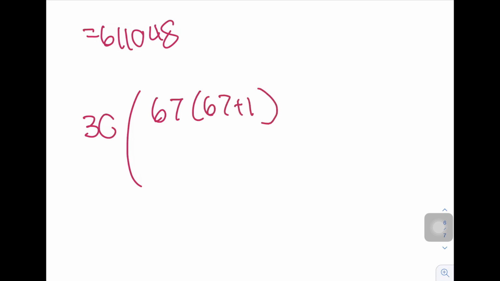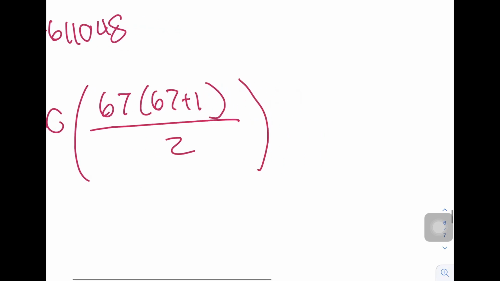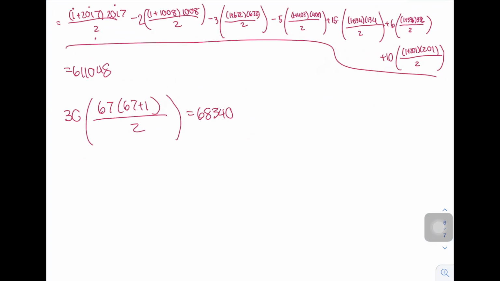So we also have to do the sum of the multiples of 30, which is 30 multiplied by 67 times (67 plus 1) over 2, equals 68340. So then 611048 minus 68340 is 542708.